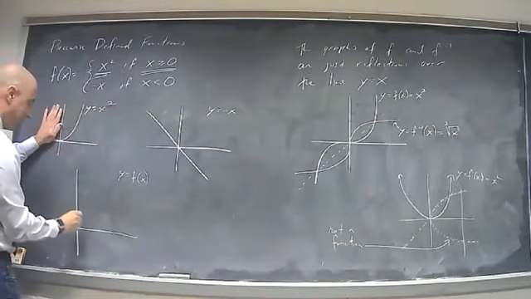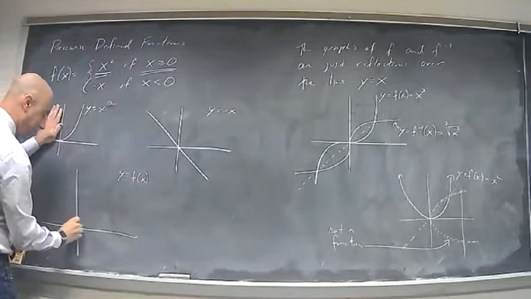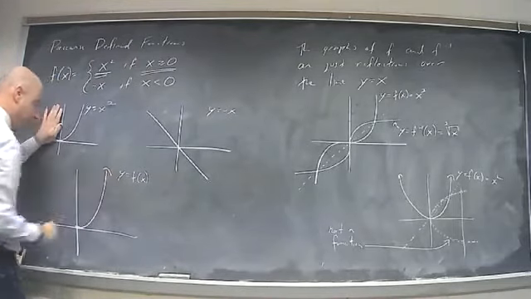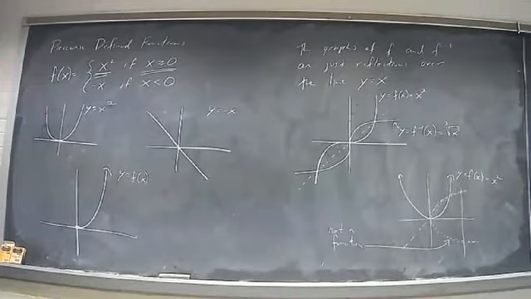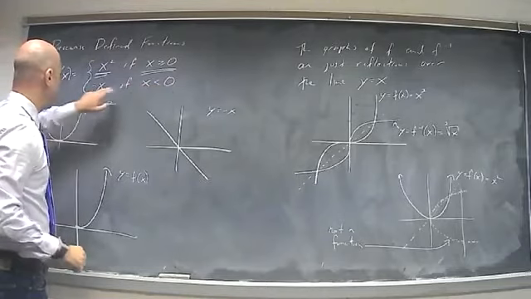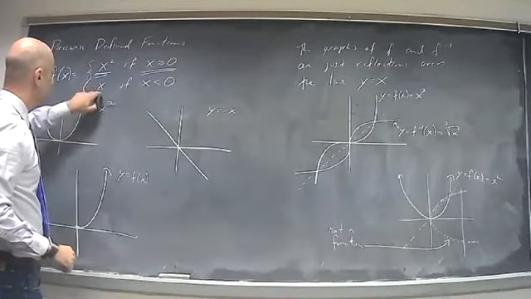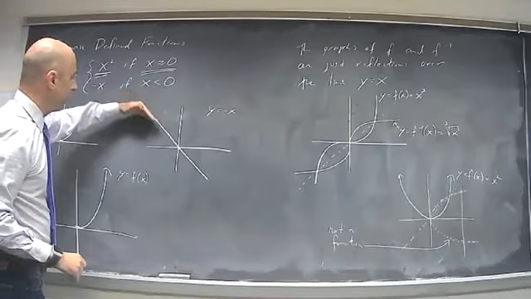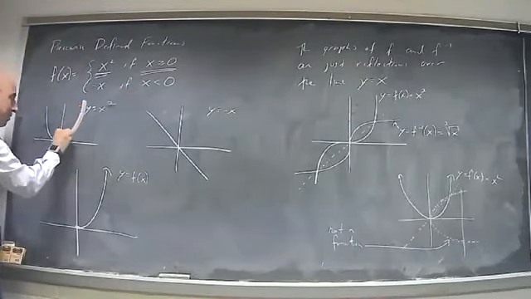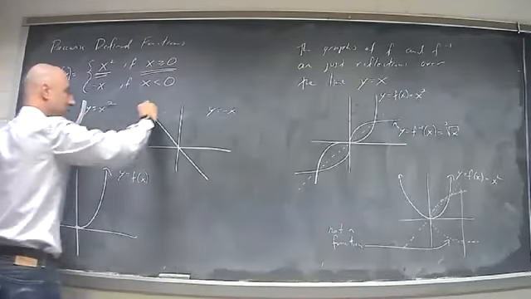So to the right of 0, this looks exactly like the parabola. And to the left of 0, I'm going to take a piece of the curve minus x. So I'm taking this part of this curve, and I'm taking this part of this curve.